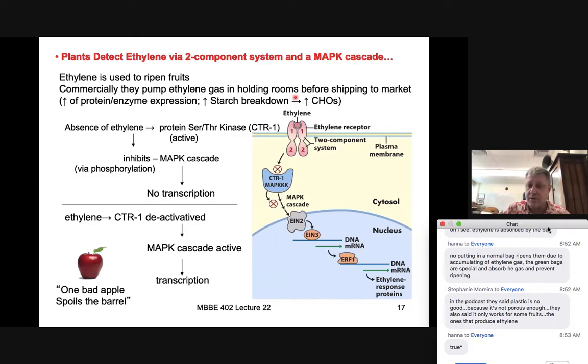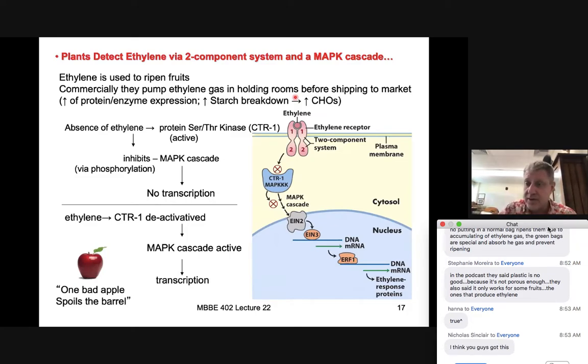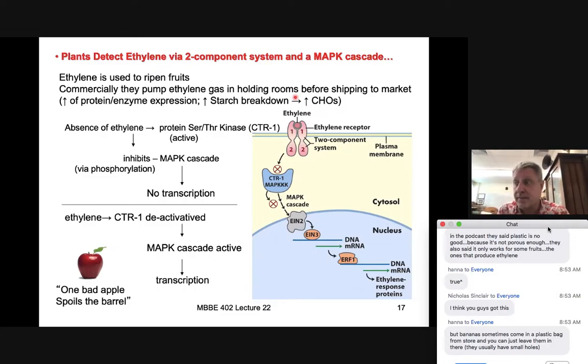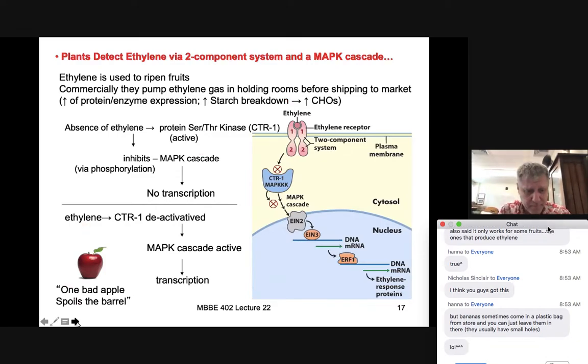You're going to promote the process of non-degradation, where the ethylene gas being moved away is going to actually promote the process of ripening.